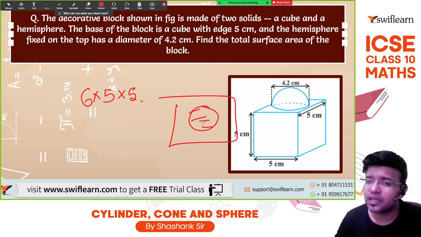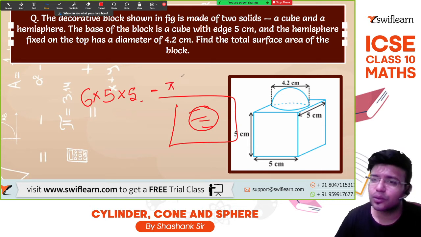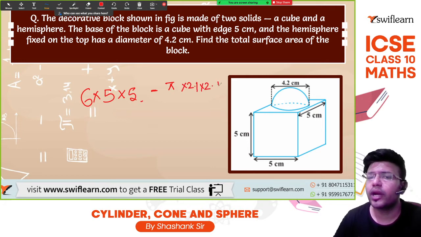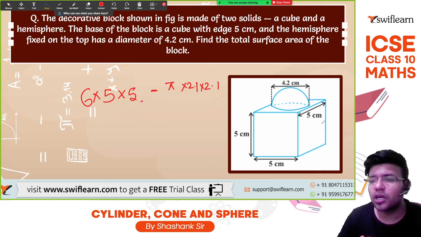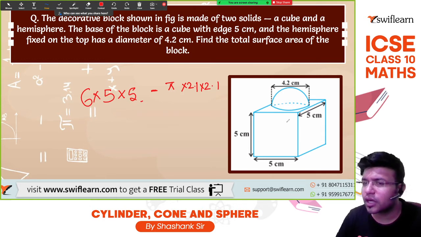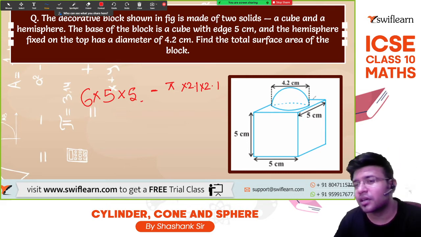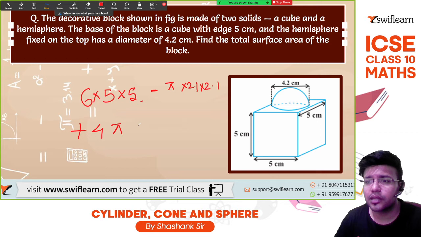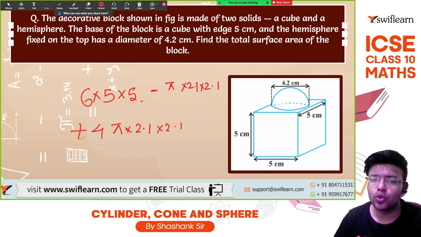This we needn't consider, so we need to subtract it, which is pi r square, where r is 2.1, so pi into 2.1 into 2.1. This will give you the surface area of the block with the hole in between. And the curved surface area of the hemisphere is plus 2 pi r square, r equal to 2.1 into 2.1. So do all these calculations, you will get the answer.